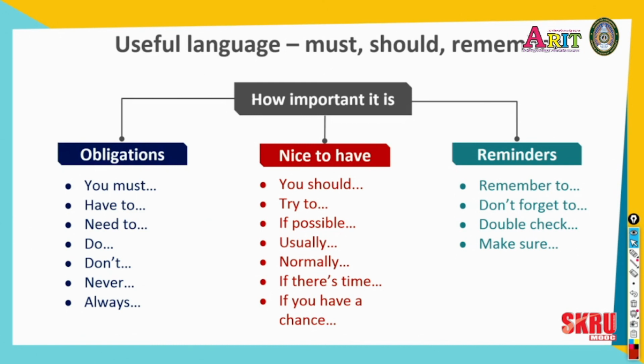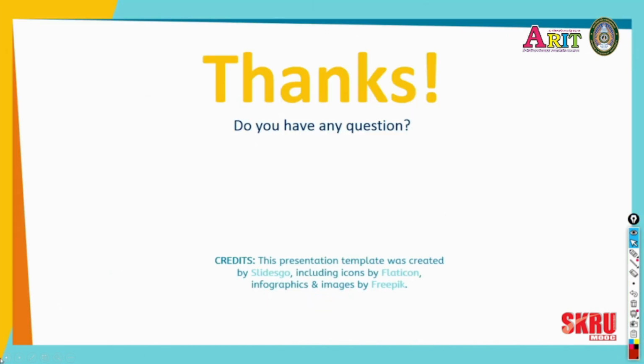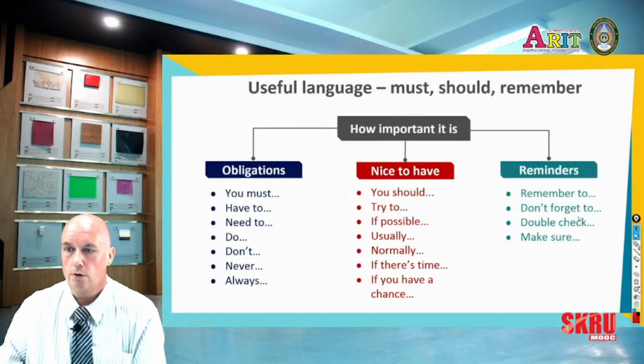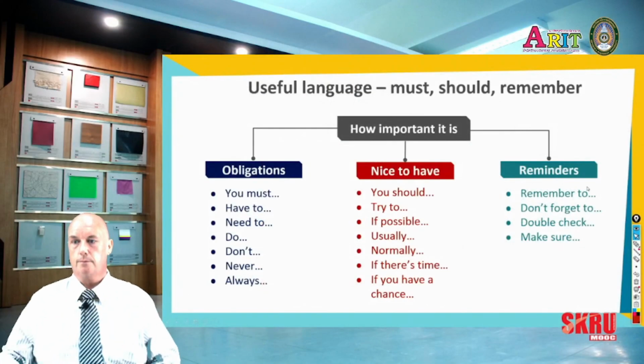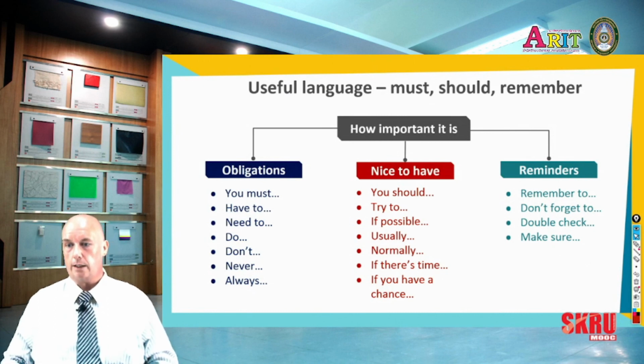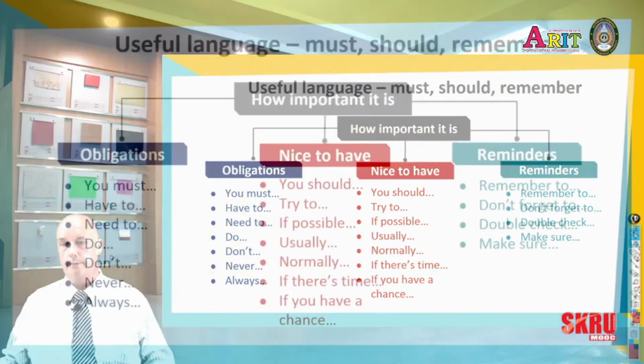And sometimes we want to just make sure no one forgets points. So we may refer back to things using, oh, my apologies, remember to, don't forget to, double check, make sure.